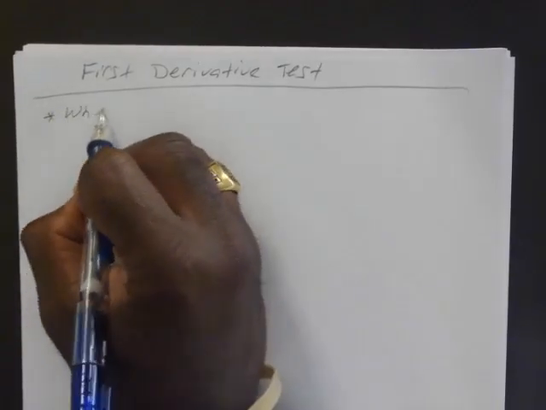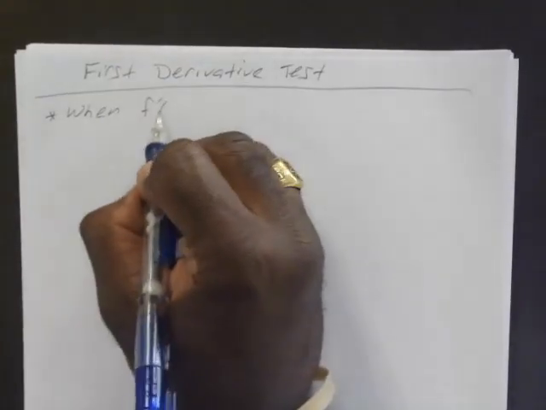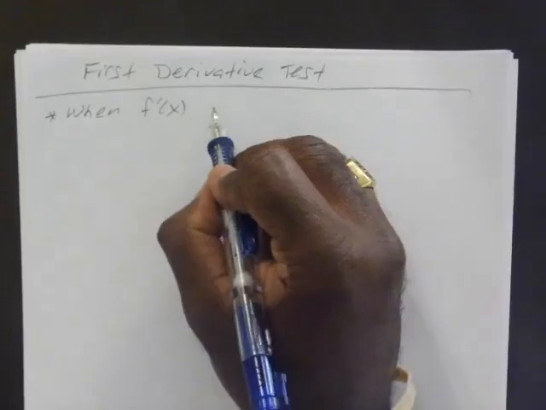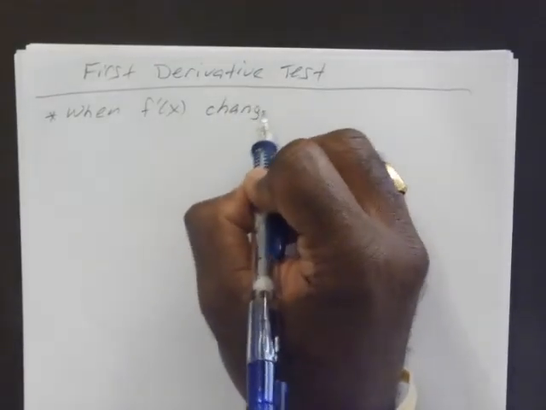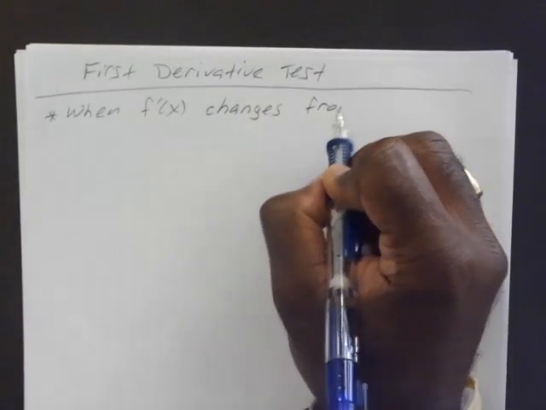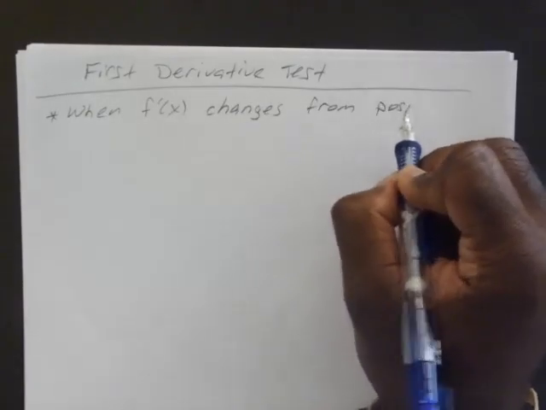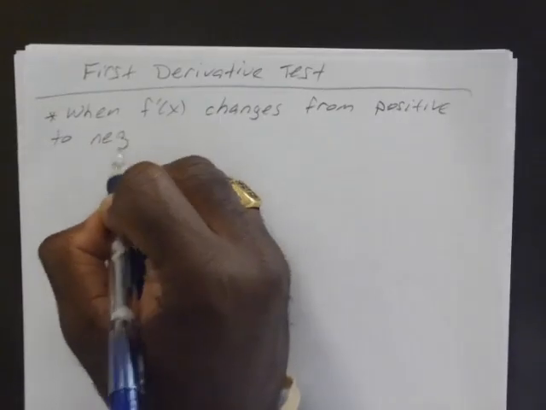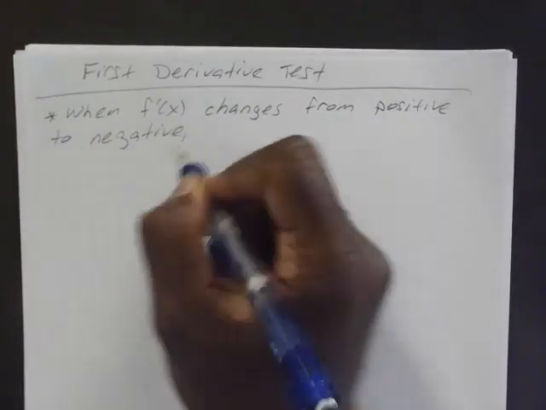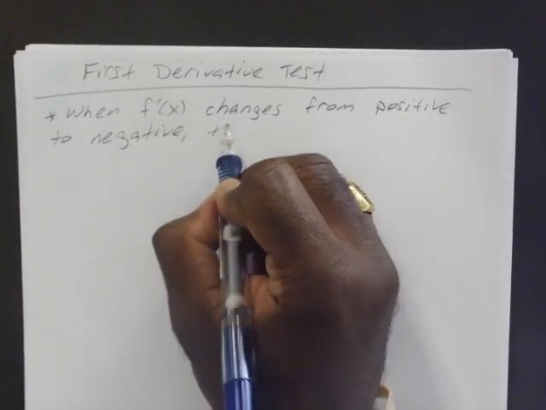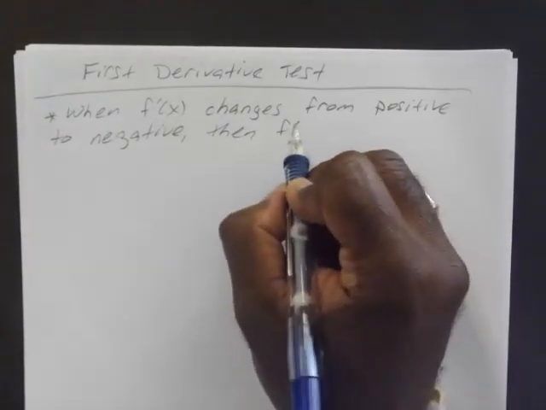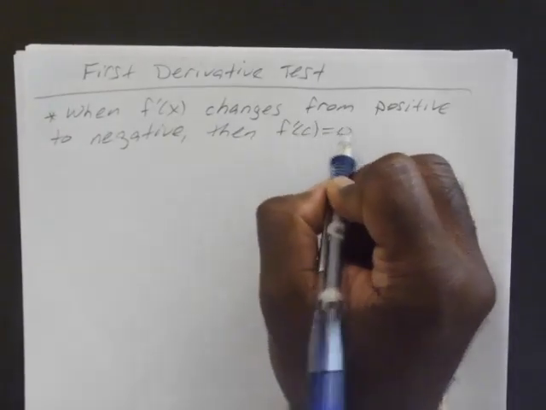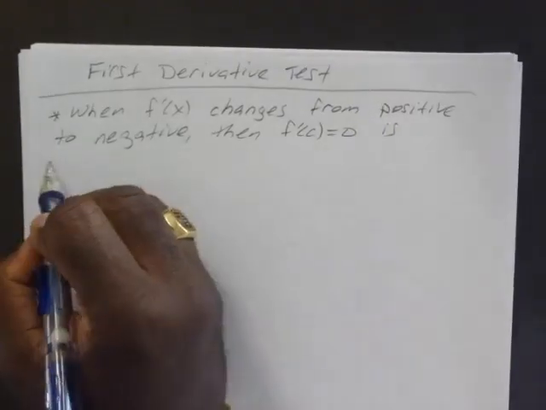So we know that when your derivative, f prime of x, changes from positive to negative, then we know that your f prime of c that equals 0 is a local maximum.